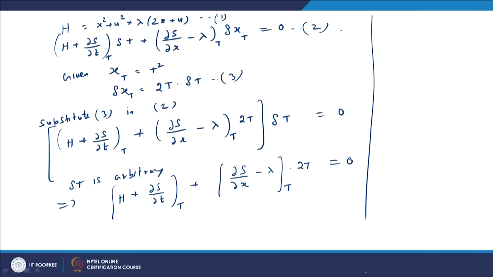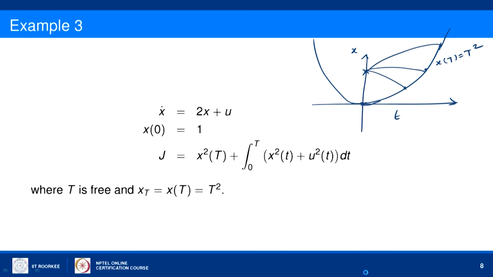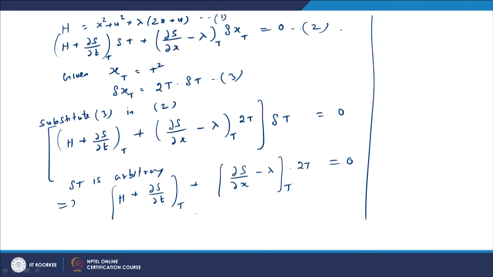And the remaining relation we have to find from here, because we know all these expressions: h is given and the s function is given as x square of T. So, del s by del t equal to 0 and del s by del x is 2x, evaluated at capital T is 2x of capital T. So, substituting these values here, we will get another relation for the final time T.